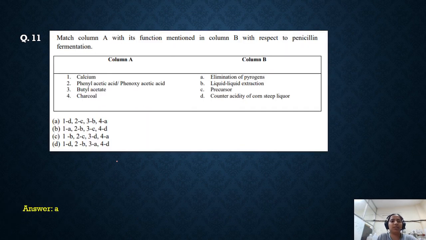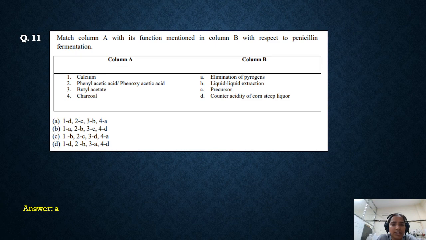Coming to the next question. Match column A with its function mentioned in column B with respect to penicillin fermentation. They are giving some components that are used in penicillin fermentation, so we must know the functions of those different compounds. Let's read it.